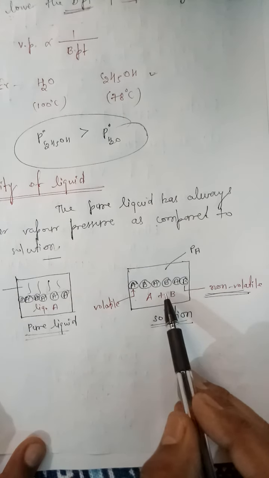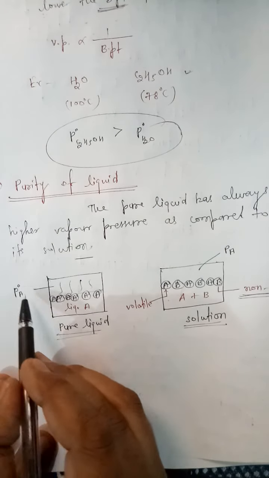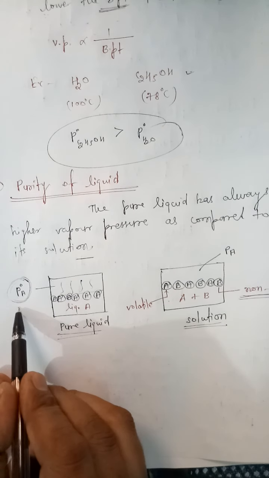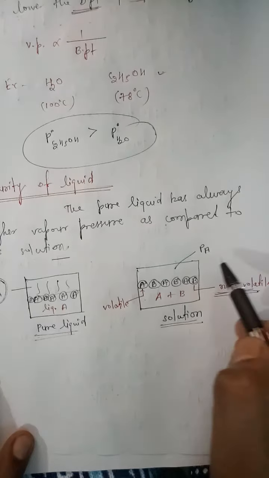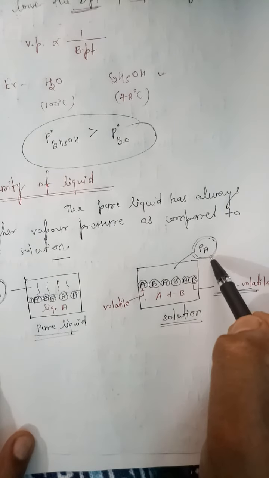For liquid A, you can see the vapor pressure of the pure liquid will be represented by P naught A, and the vapor pressure of that liquid in solution is represented by PA.